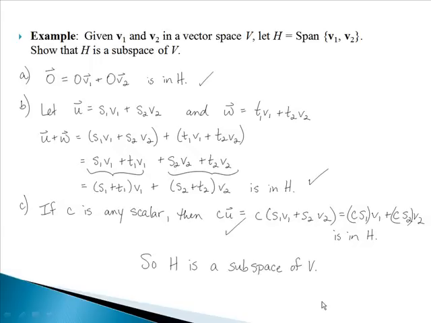And so H, being the span of two vectors that were in V, then H is a subspace of V.